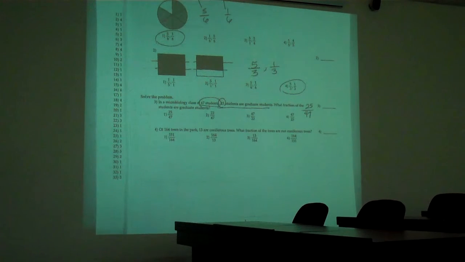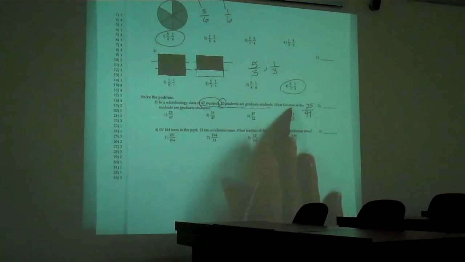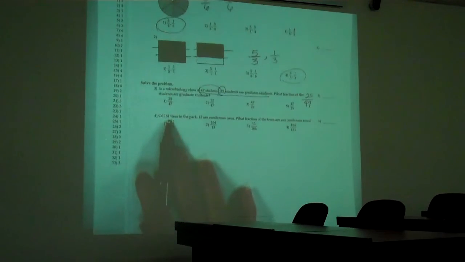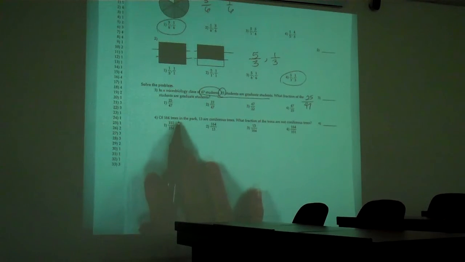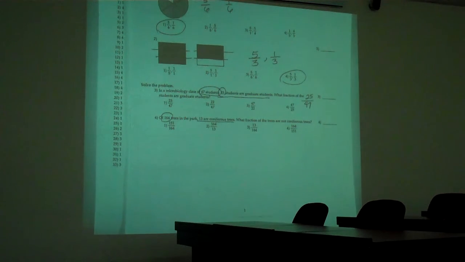Okay, the next question is a little trickier. See, this said how many are, and it said what fraction are. This one, of 164 trees in the park, this is our total. 13 are coniferous trees. What fraction of the trees are not coniferous trees?